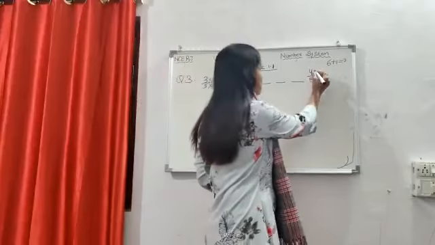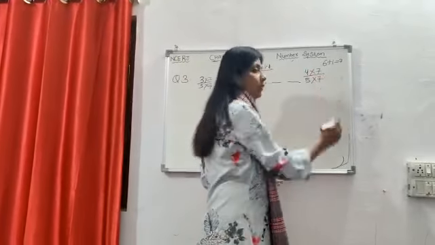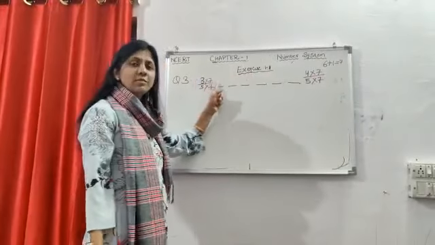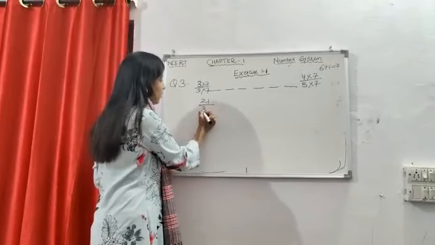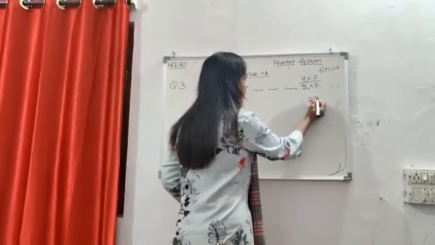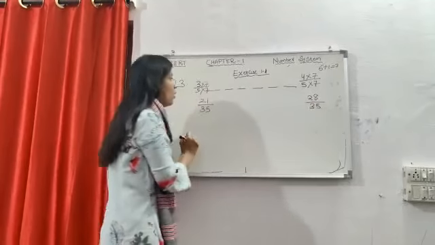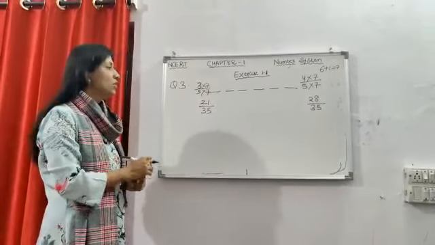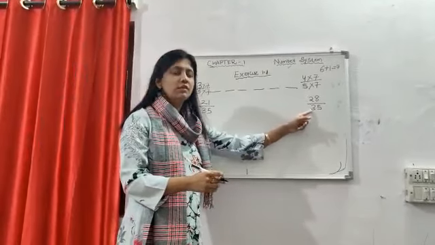Similarly, we will multiply this number by 7 and divide by 7. So what is 3 times 7? 21. 5 times 7 is 35. 4 times 7 is 28. 5 times 7 is 35. So now I want to find 6 numbers between 21 upon 35 and 28 upon 35.